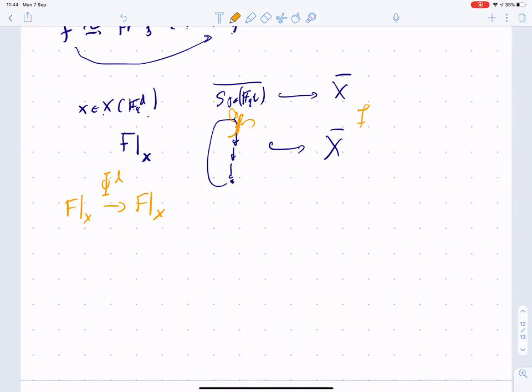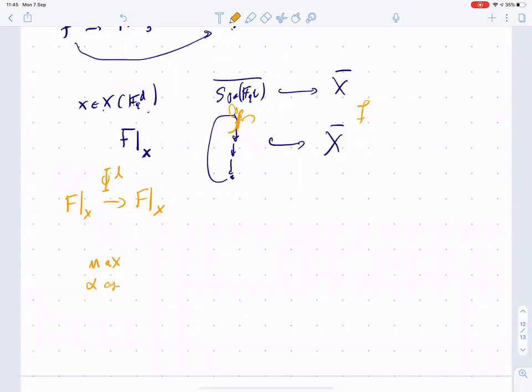So this is a map of finite dimensional vector spaces, and I can ask about its eigenvalues. I can ask about the collection of eigenvalues, and I can look at the maximum over alpha, eigenvalue of psi to the D, of the absolute value of alpha.